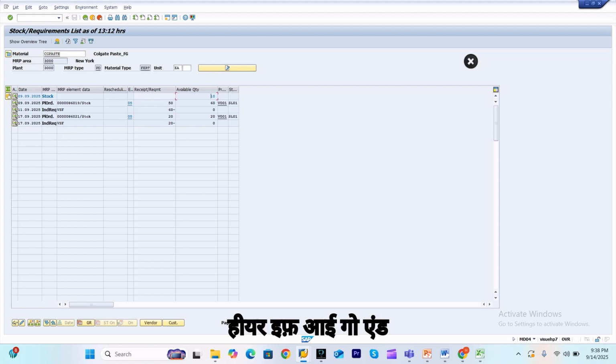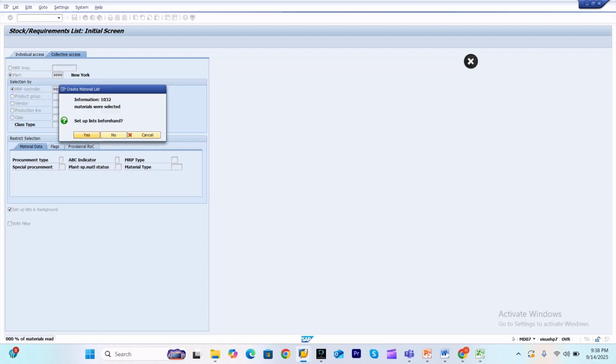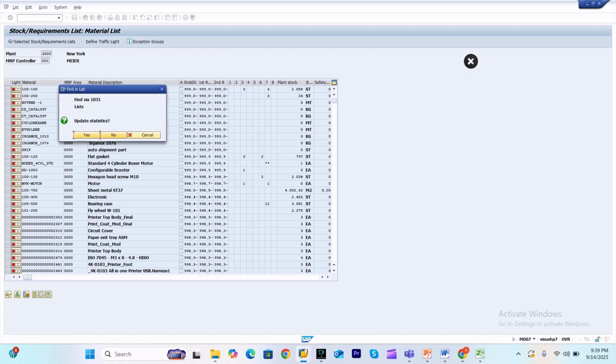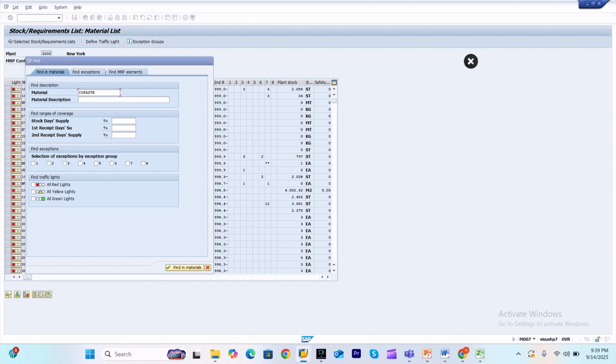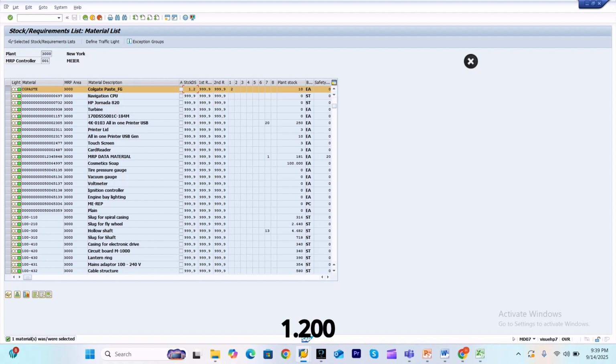Here if I go and check MD07, it is showing 1.2.